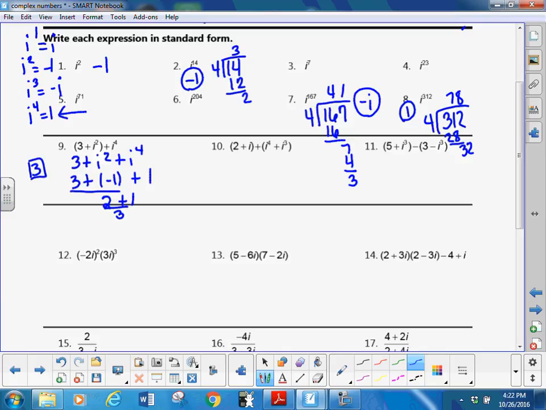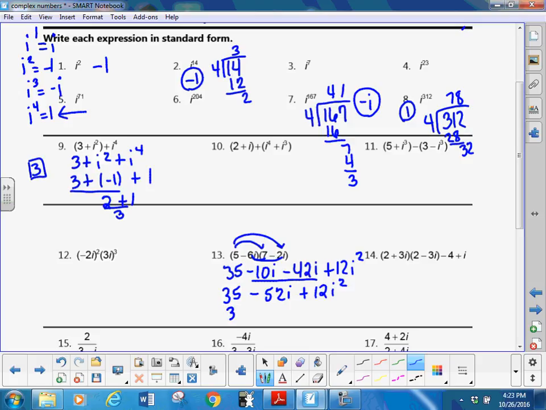Let's look at 13 together. This is one where I need to distribute. That'll give me 35 minus 10i. Then if I continue to distribute, I get negative 42i plus 12i squared. I'm going to neaten this up a little bit. That'll give me negative 52i plus 12i squared.